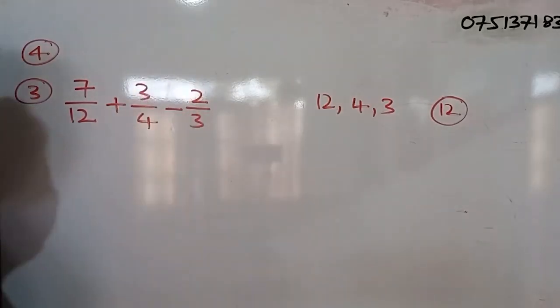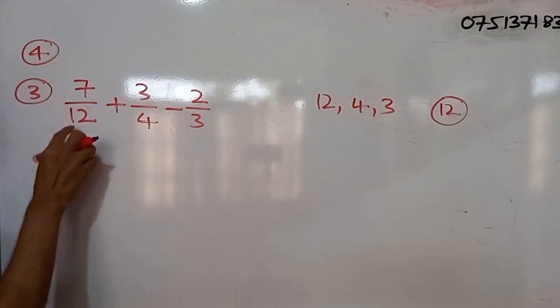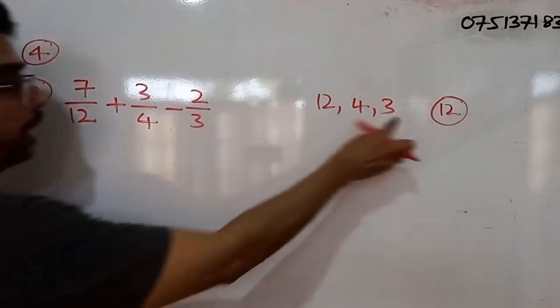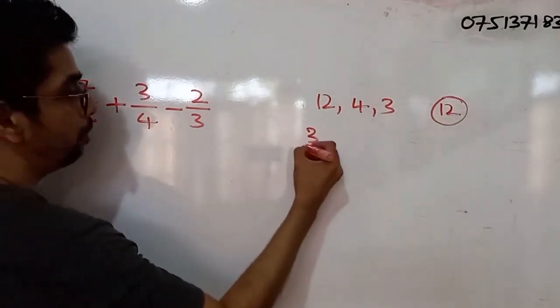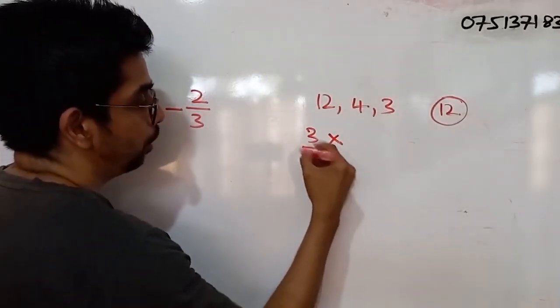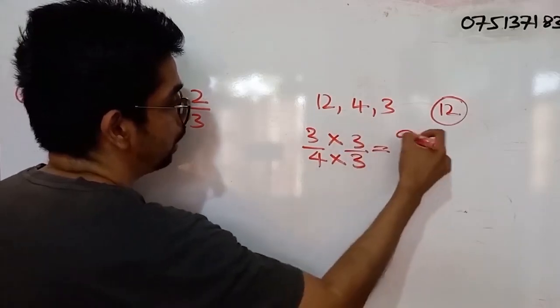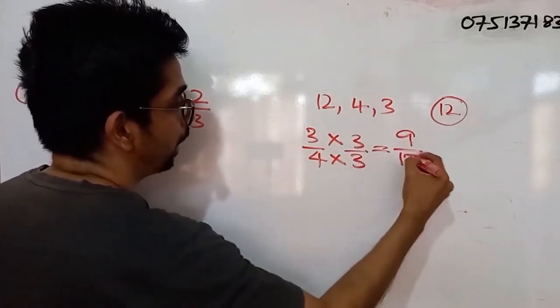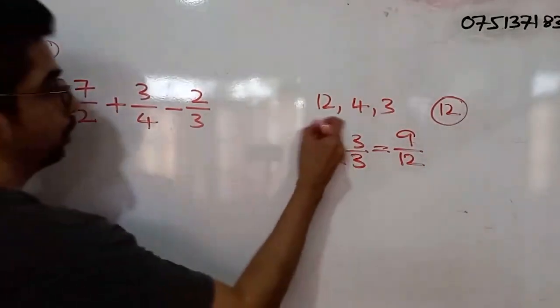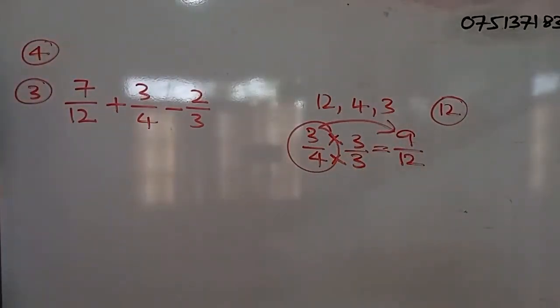Right, so here I don't have to do anything because the denominator is already given as 12. If we take 3 by 4, I have to multiply the denominator and the numerator by 3. So 3 times 3 I get 9, 4 times 3 I get 12. So 3 by 4 and 9 by 12, these are what? Equivalent fractions.